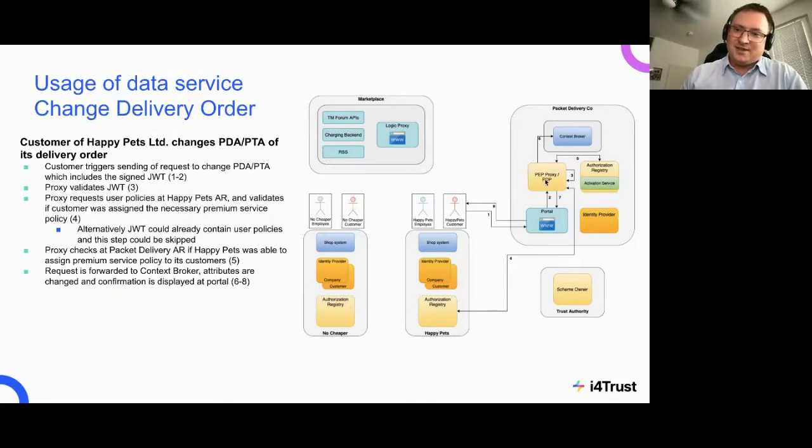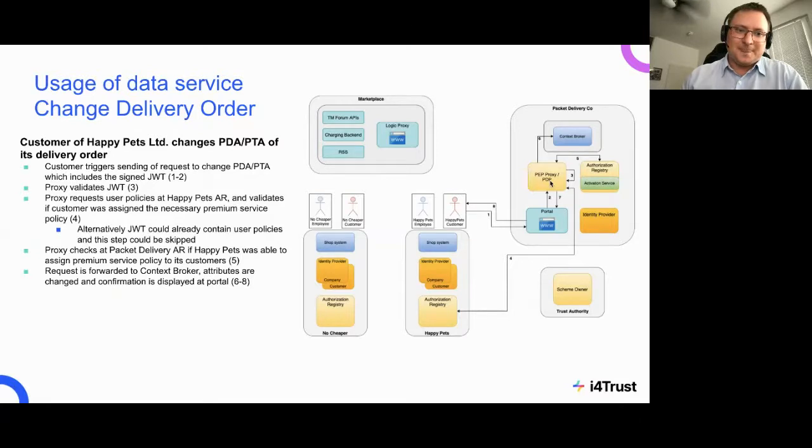And then, since this JSON Web Token contains the information about this authorization registry, which holds the policies of the customer, API umbrella is sending a request to this registry to request the policies of this customer, which belong to the type of request the user is trying to do against the context broker.